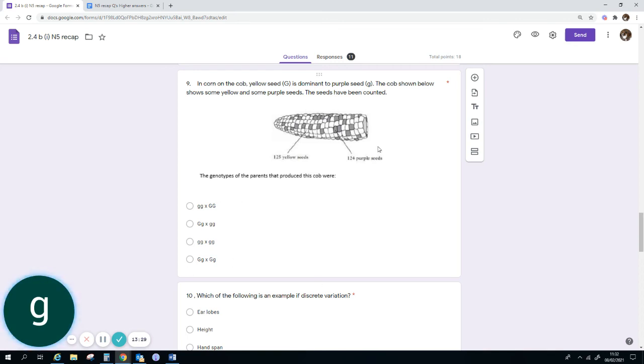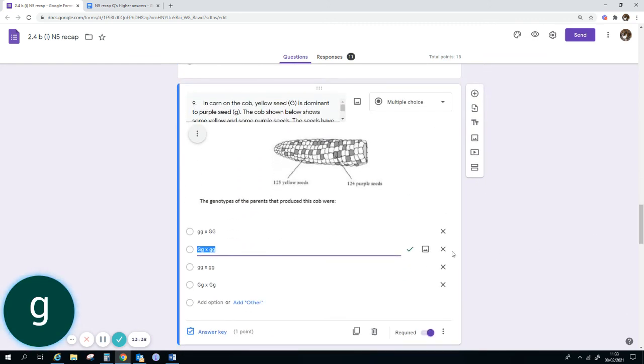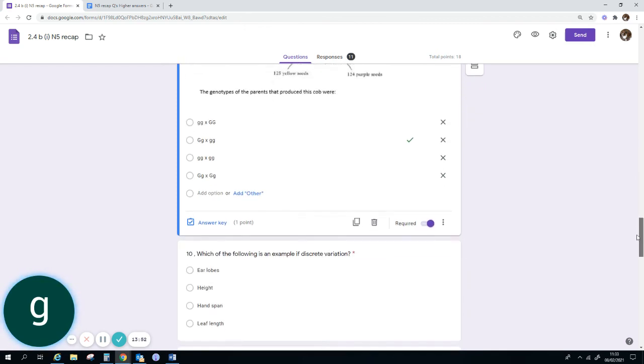So when the offspring give a 50-50 ratio, it usually means that you've crossed a homozygous recessive with a heterozygote, because we can ignore this parent's genotype completely. This one will 50% of the time give the dominant allele and 50% of the time give the recessive, and that's what we see in the phenotypic ratio of the offspring.